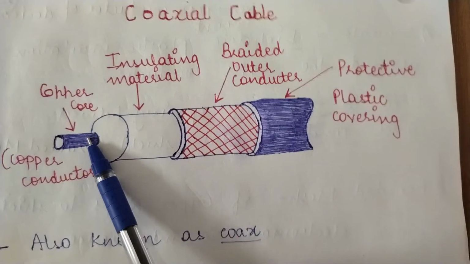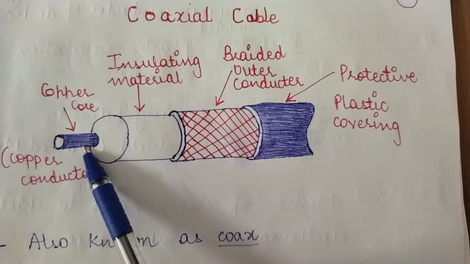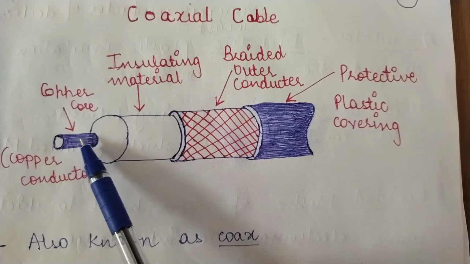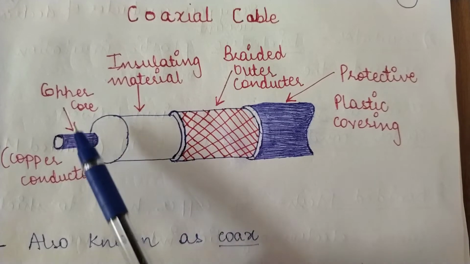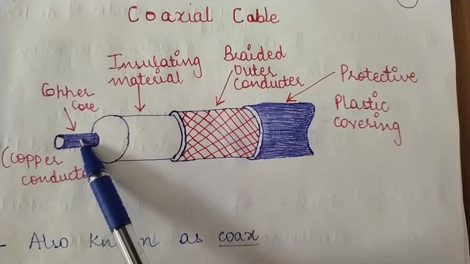So we start with the copper core or the copper conductor, right? This is also known as the inner conductor. So this is the copper core or the copper conductor or the inner conductor, right? This is from where the actual data flows.